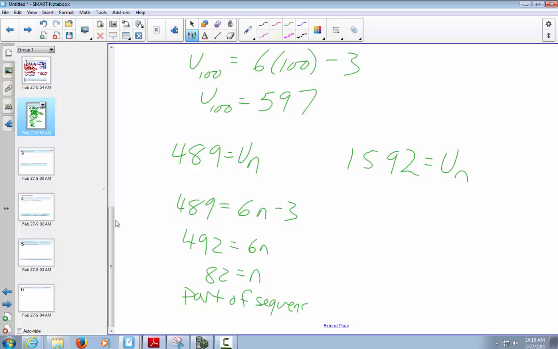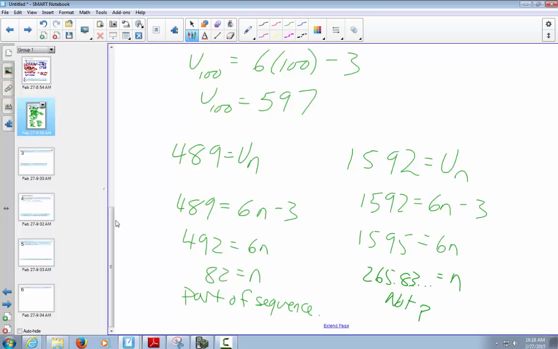Beauty. It works. 1592. So 1592 equals 6n minus 3. 1595 equals 6n. So 1595 divided by 6, 265.8 equals n. Not part of sequence. So that's all there is.